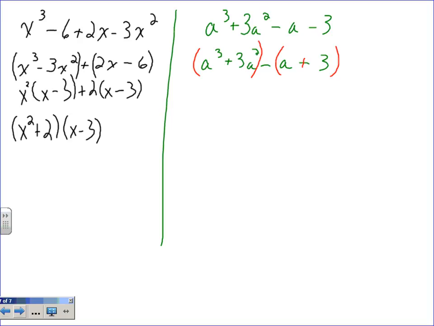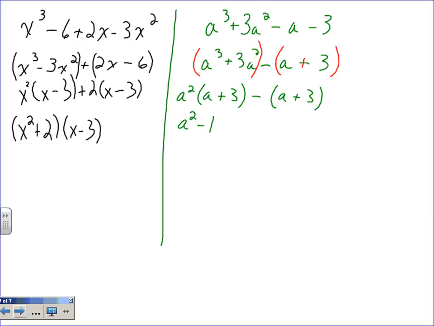Okay? Now what I have is, I'll factor out an a squared minus, and I can't factor anything out of that, so I'm going to leave it as a plus 3. And then where do I go from there? a squared minus 1.